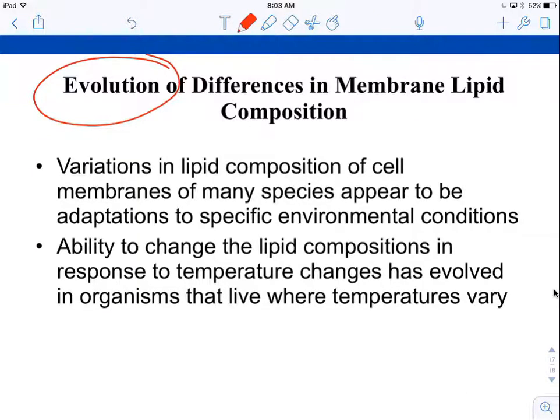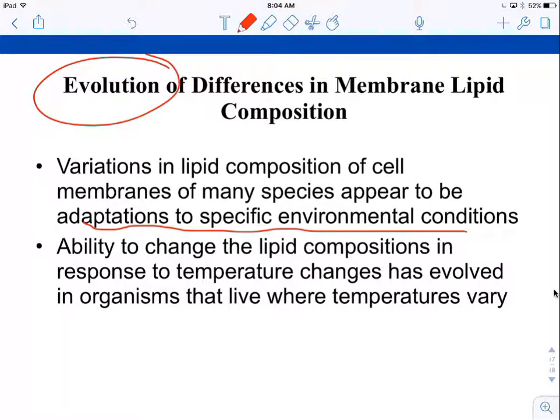So you can look at the plasma membranes of animals like polar bears or other things that live in very, very cold temperatures, and they have a different composition than animals that live in the tropics or plants that live in the tropics because of the difference in temperatures. So it's really kind of cool. So the lipid component of your membranes are adaptations to environmental conditions.